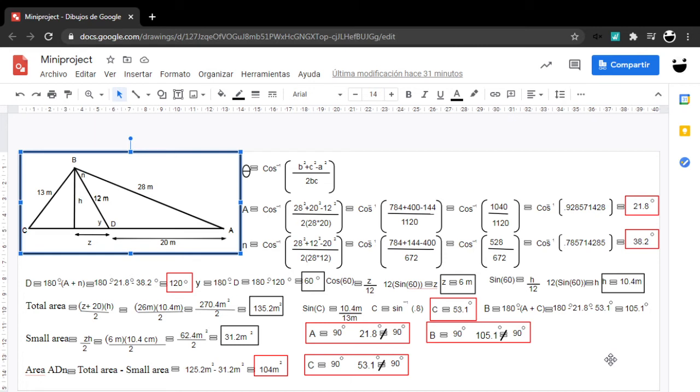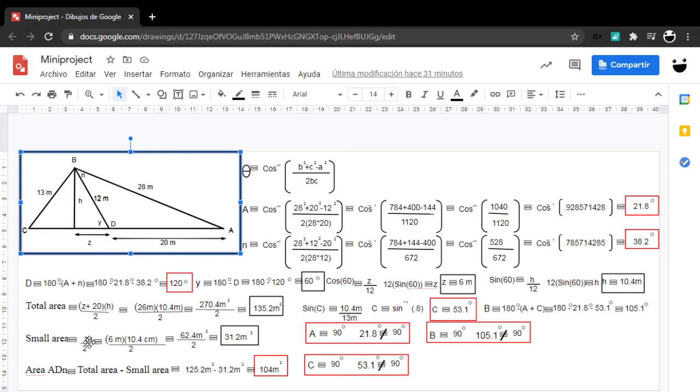To find the area, we have to find two areas. The first area is 26 meters times 10.4 over 2, and that is equal to 135.2 meters squared.